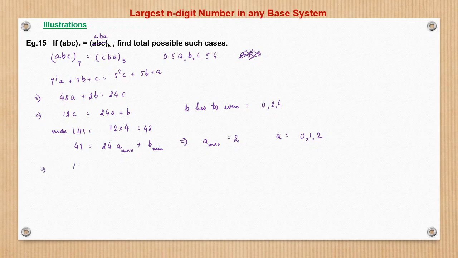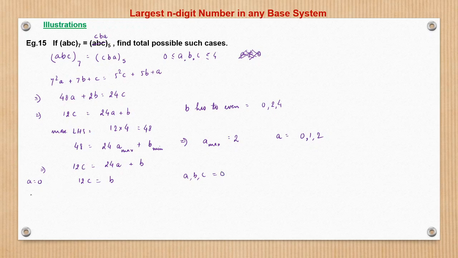So here the equation is 12C is equal to 24A plus B. Now if A is equal to 0, then it becomes 12C is equal to B, which gives that all of A, B, C are 0, right?